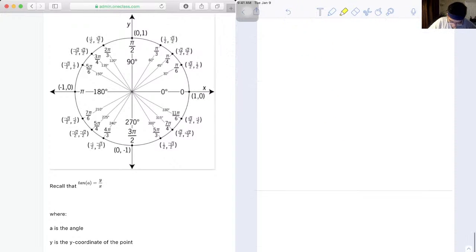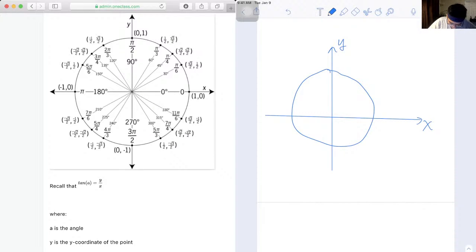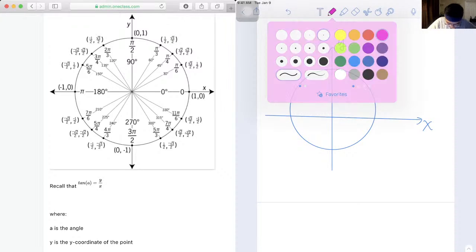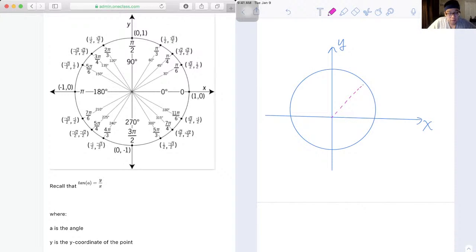Let me just copy that down. So okay, so that's the x-axis and y-axis, and that's a unit circle. Okay, and we only need to find out the coordinate for 60 degrees.